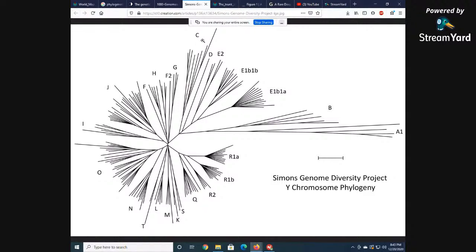But that's what the claim is. Remember, the claim was that the G, the F and the D and the E came from the C. But that's not what it shows here.